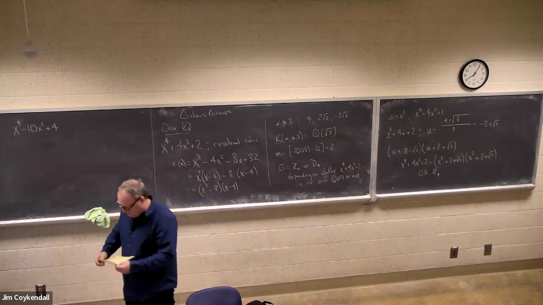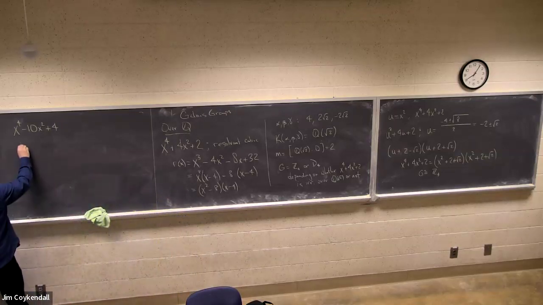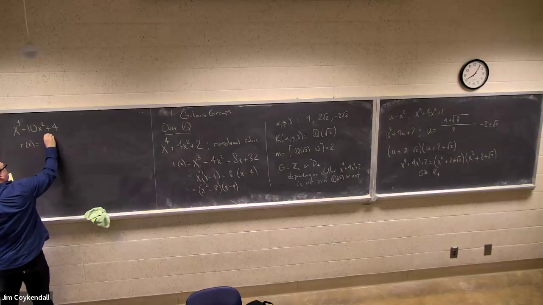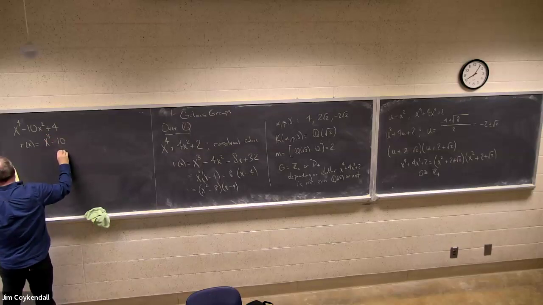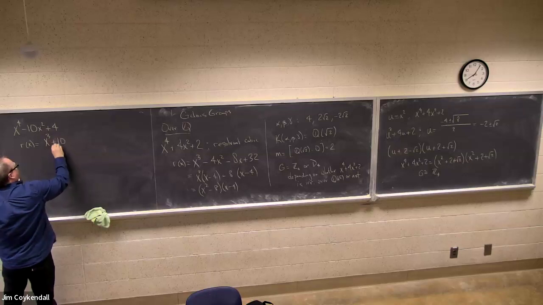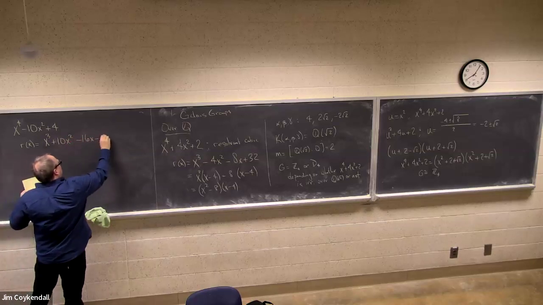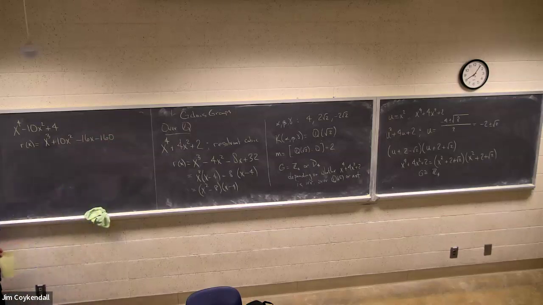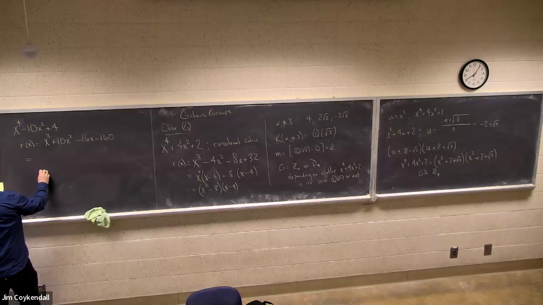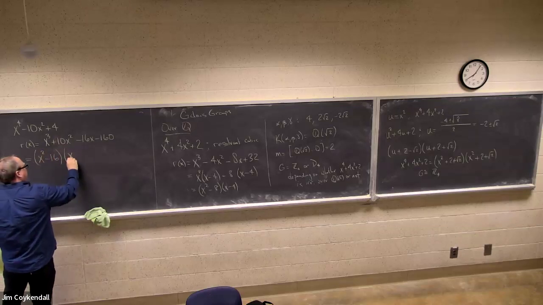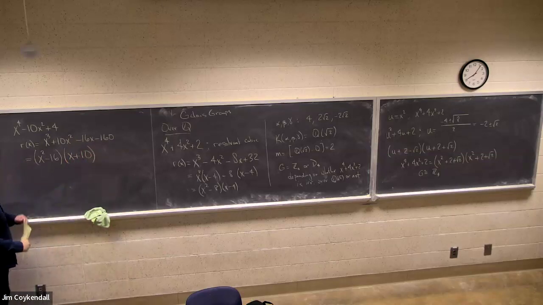And so I worked out the resolvent cubic on this one, and I got R of x is x cubed plus 10x squared minus 16x minus 160. This is what I got when I worked it all out, and this gave me that.